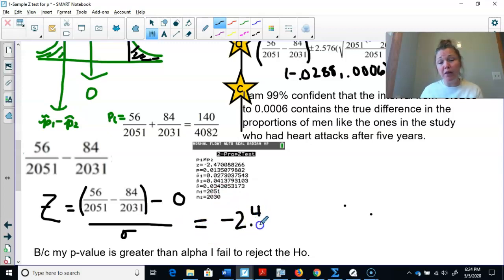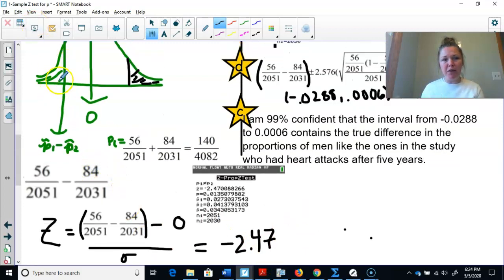Now, if you don't have a graphing calculator, you would hopefully find this by hand, so practice that. And then you would have to go to your table, okay? This is only if you don't have a graphing calculator. You go to your table and you find this p-value. You do not need to subtract from 1 because it is a negative Z-score. But then what you have to do is multiply by 2 because it's a not equal to.